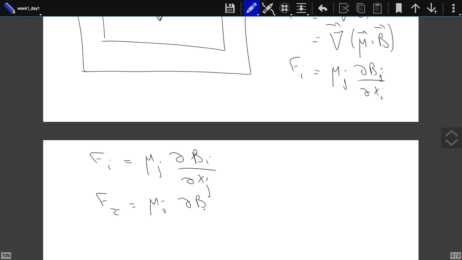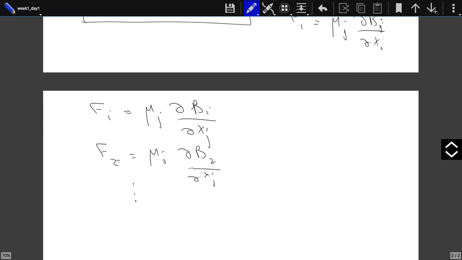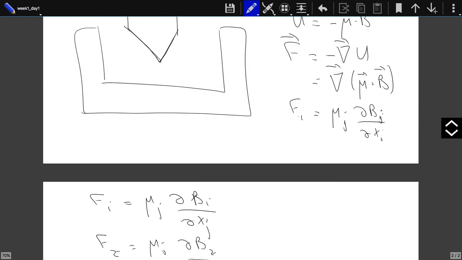So the z component will be mu_j ∂B_z/∂x_j, etc. You can look at any component, just change its form.